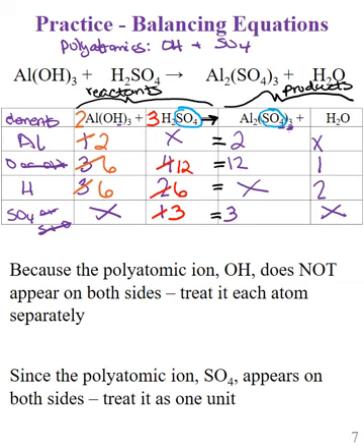Well, I have 6 and 6, right? So I have a total of 12 hydrogens on the left. Now, on the right, I only have 2 of them, right? So what coefficient should I put out in front of water to make 12? Okay, I would have to do a 6 because 6 times 2 would be 12.